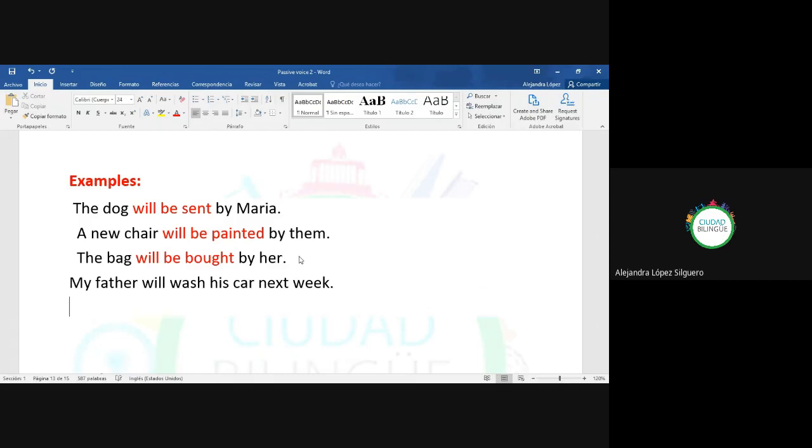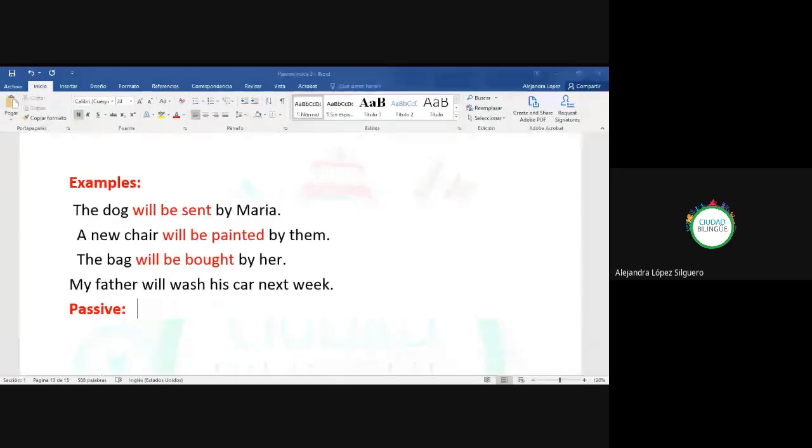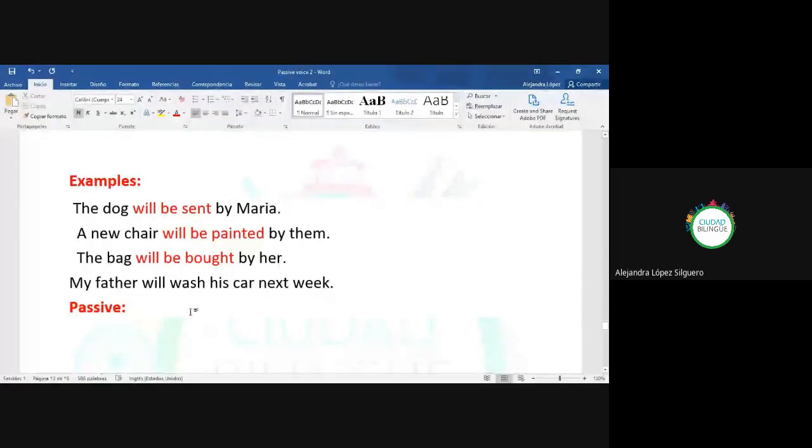What is the passive voice of this sentence? Siguiendo la estructura que ya mencioné, ¿cómo sería entonces esta oración en voz pasiva? The car, okay. Remember the auxiliary verb and the main verb in past participle. Verbo auxiliar y verbo principal conjugado en participio pasado.